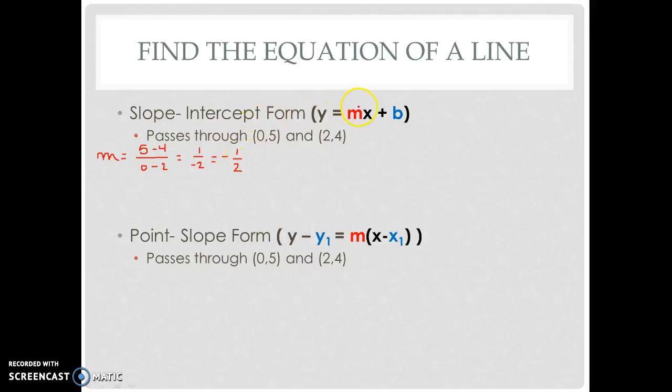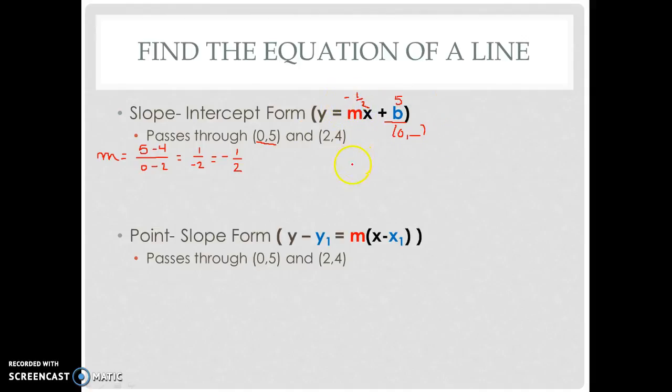The next thing we want to know for slope-intercept form is the intercept, and that's the y-intercept. That is a point that is of the form 0 for the x value and something for the y value. And in this case, we are given 0, 5. So now we have our b value. b is 5, and m we already found was negative 1/2.